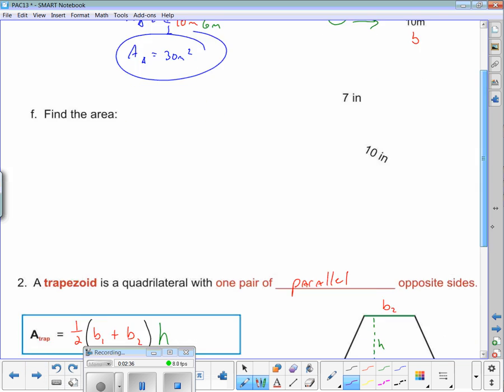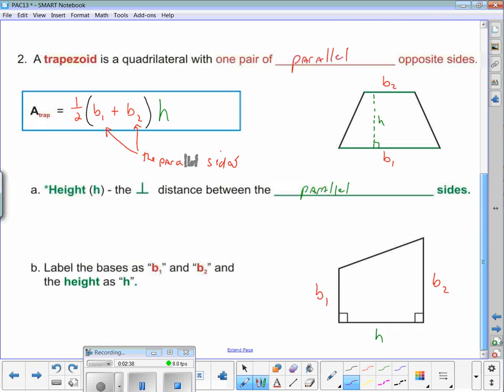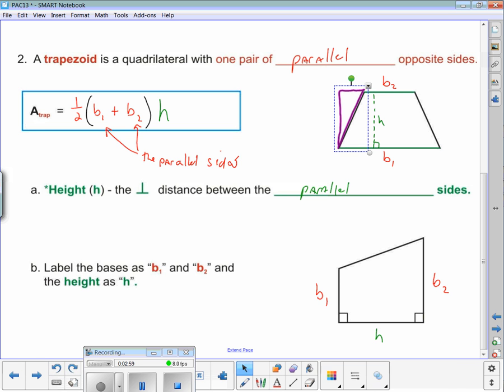Again, you can have then area of a trapezoid, 1/2, parentheses, you got to do that in the quantity, base 1 plus base 2. And in reality, what ends up happening with a trapezoid, it's just like a parallelogram. Let's see if I can get this to work.